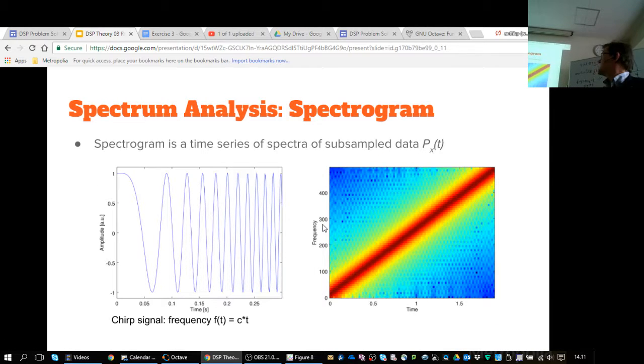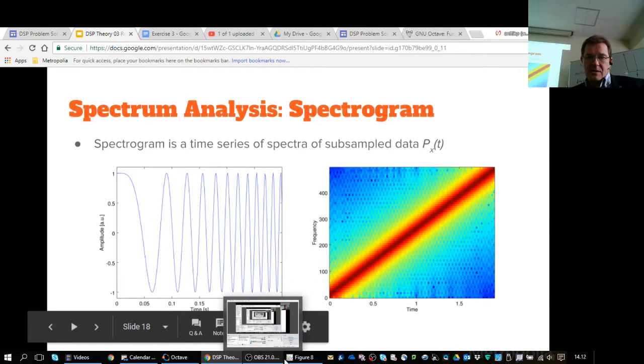So basically, a spectrogram would show how the signal frequency is varying. So this is time, this is the frequency. If we have a chirp, at some point in your signal it starts at 200 Hertz and then grows somehow. But anyways, this is a color-coded image showing where the spectrally interesting things are in the signal.